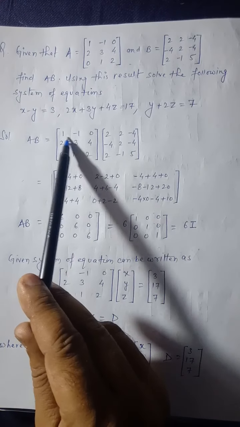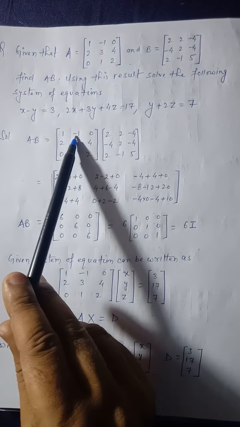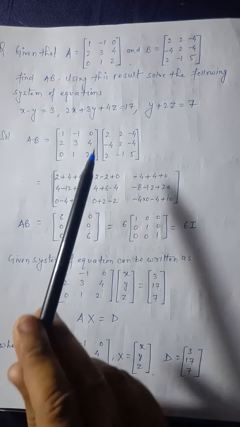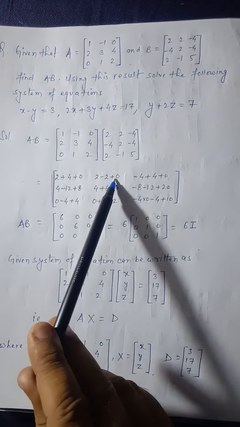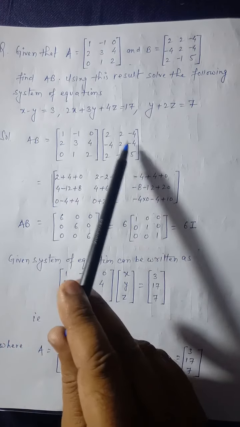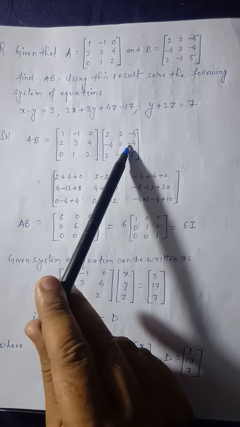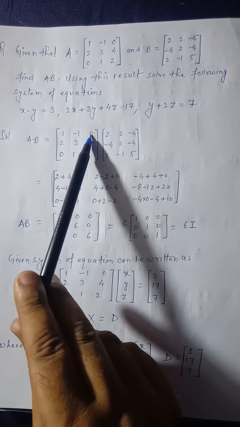Similarly the first row with the second column: 1 into 2 is 2, minus 1 into 2 is -2, 0 into -1 is 0. And the same for the first row, third column: 1 into -4 is -4, minus 1 into -4 is plus 4, 0 into 5 is 0.